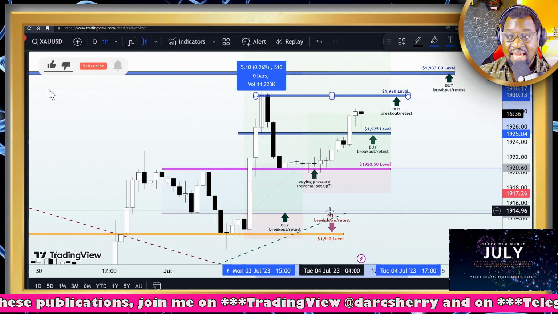If we map out the resistance and support lines for this range, we have something around the $1,922 level, where a breakout of that structure would welcome an opportunity to buy. If you took advantage of that opportunity this morning, you would be running with over 50 pips in profit at this particular point in time.